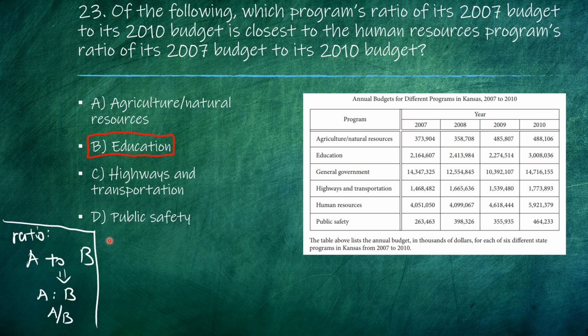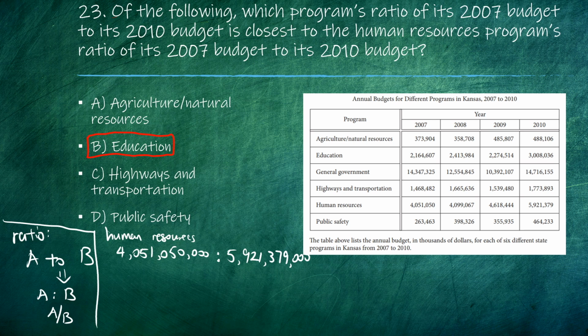So let's look at human resources and find out its ratio. And remember, we are looking at the ratio of the budget in 2007 to the budget in 2010. So we can rewrite that as 4, 1, remember, also in thousands, 2, 5, 9, 2, 1, 379.